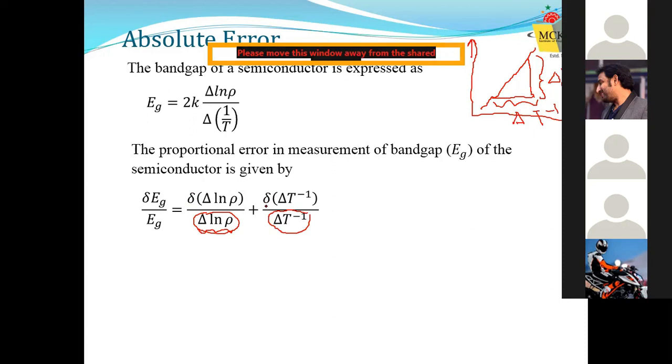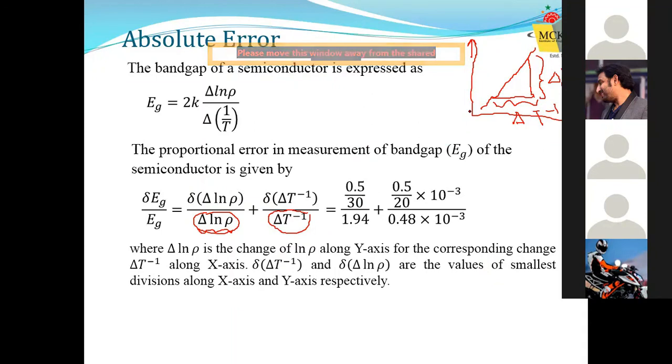So let us say if along your y-axis you have taken 30 divisions as 0.5, that is ln rho is incremented by 0.5 along 30 divisions. So what is one smallest division? One smallest division will be 0.5 divided by 30. Similarly, for the x-axis, let us say for 20 divisions along x-axis, the increment in delta T inverse is 0.5 into 10 to the power of minus 3.